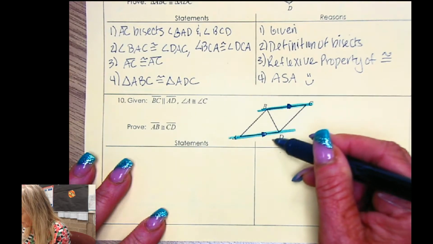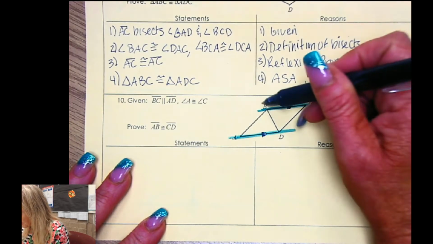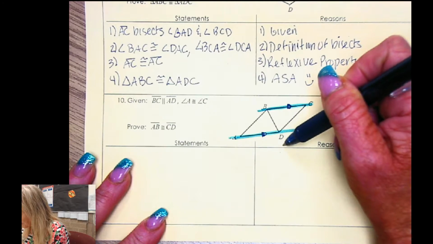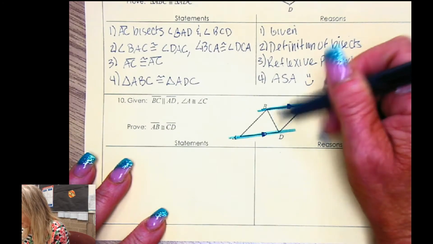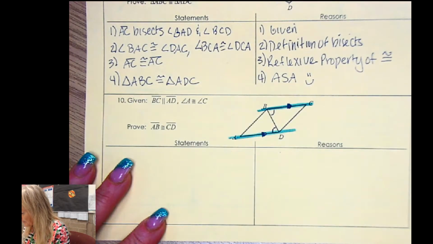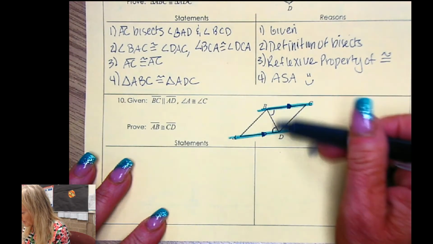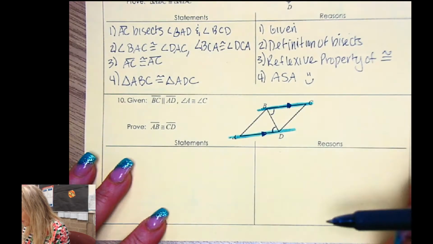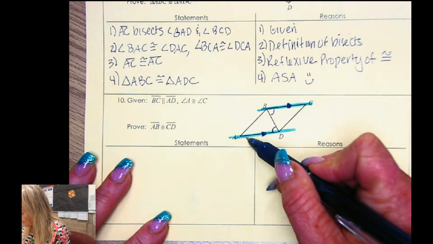If this is a transversal, then this angle is congruent to this angle, right? They're unobstructed by the other sides, which is kind of important.